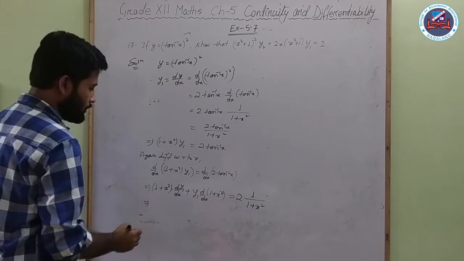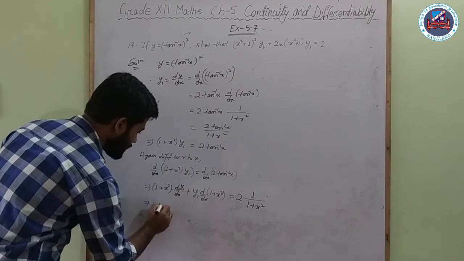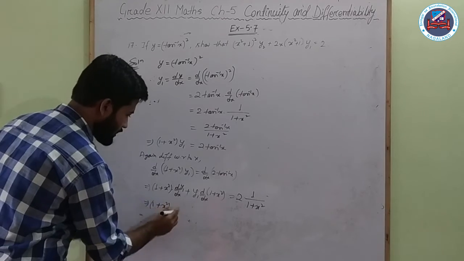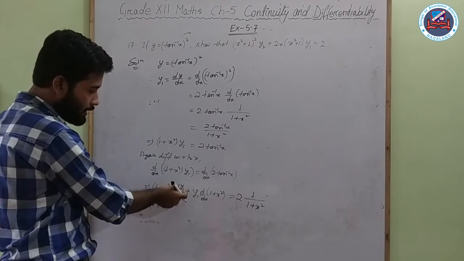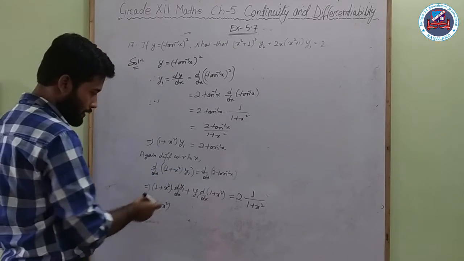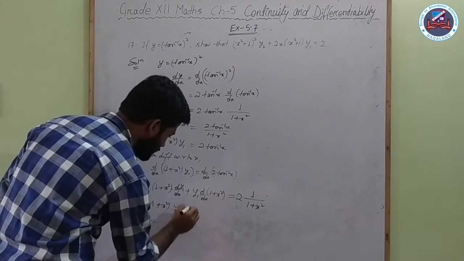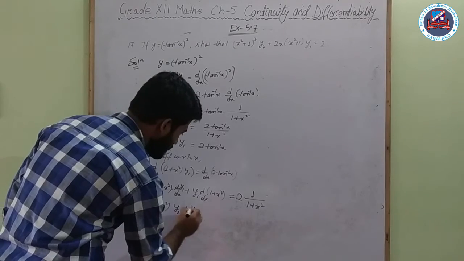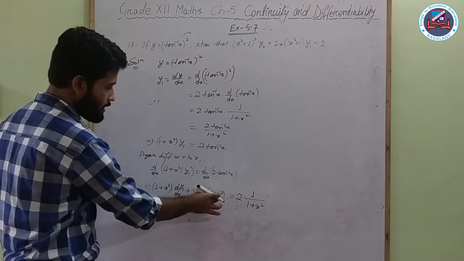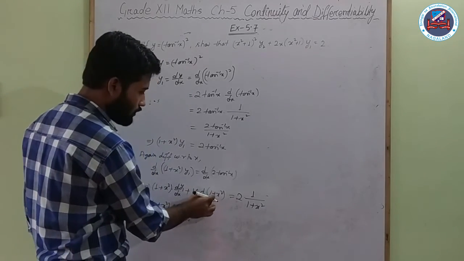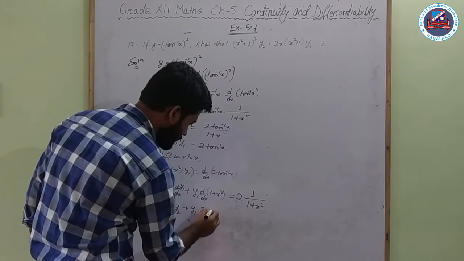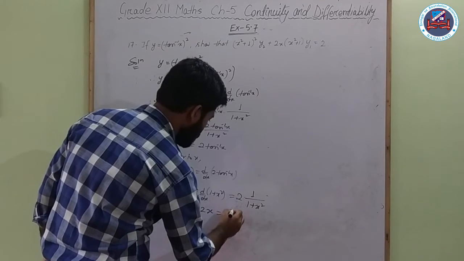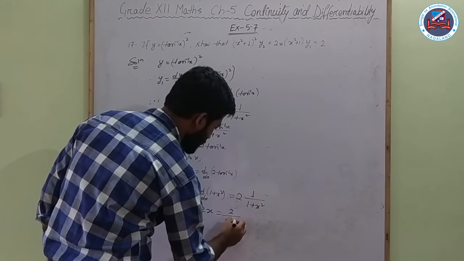Now this gives us 1 plus x squared, and d/dx of y1 means the derivative of the first derivative, so this will give us y2, plus y1, and differentiate 1 plus x squared, so d/dx of 1 will be 0 and d/dx of x squared will be twice x. So I can write here twice x is equal to 2 into 2 by 1 plus x squared.